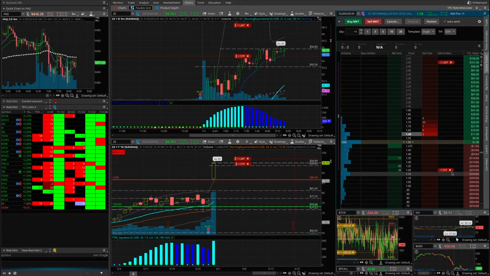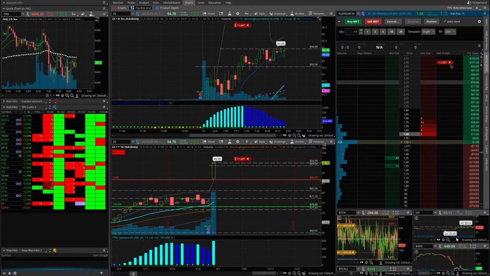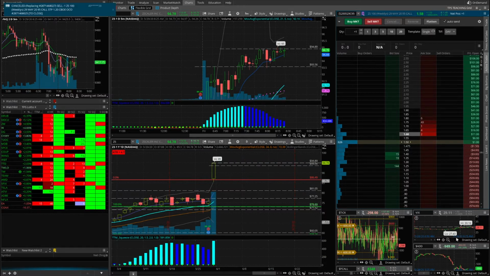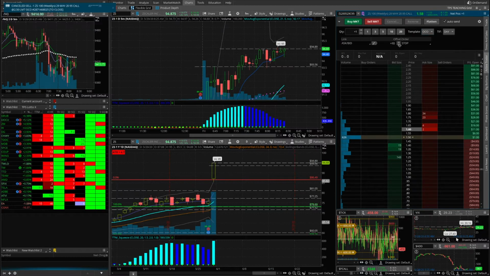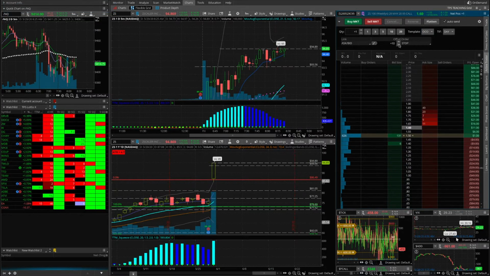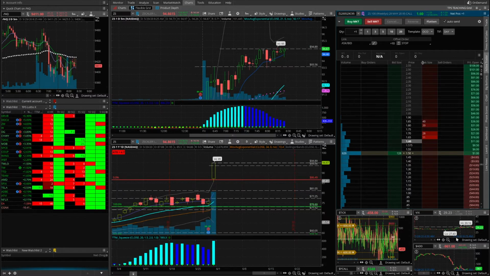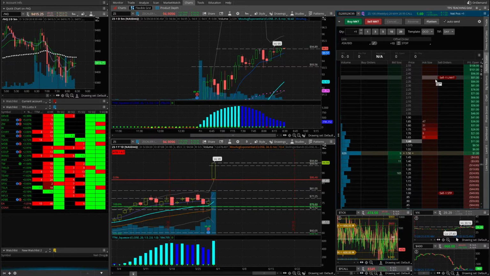If you're on OCO here, you can change the offset for the order to less or more. But usually when you're placing that order originally, you just want to make sure that it's far enough outside of the bid and ask, and then you can adjust each order from there if you want to tighten it up a little bit or widen it for whatever reasons that you have.